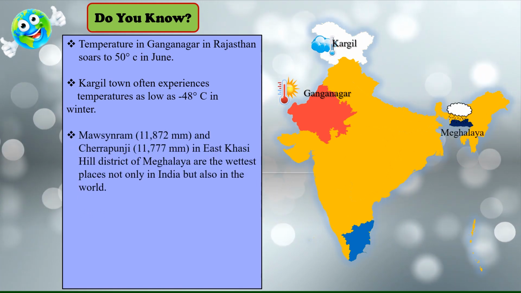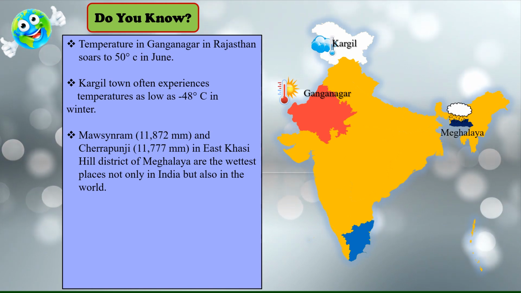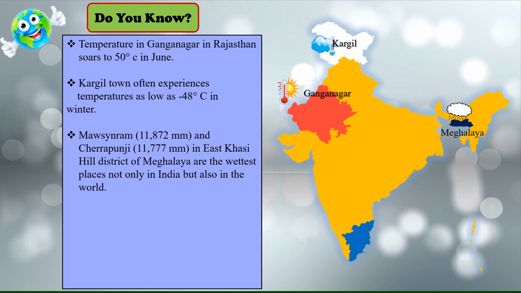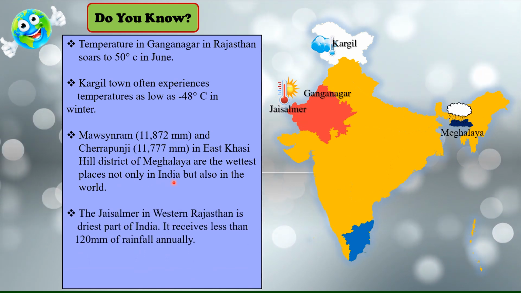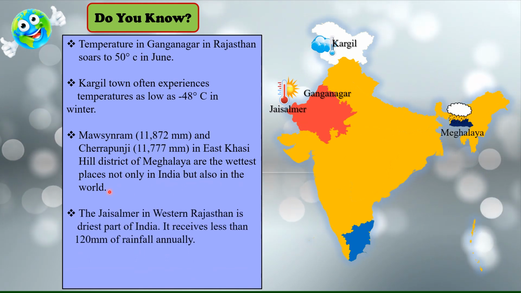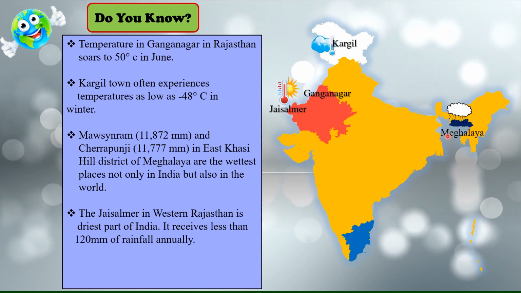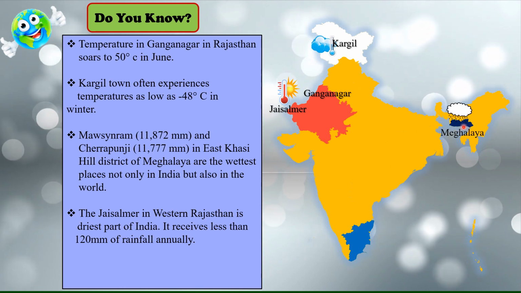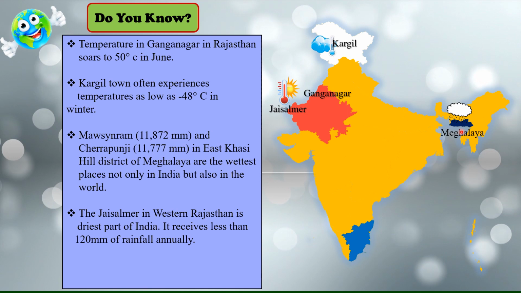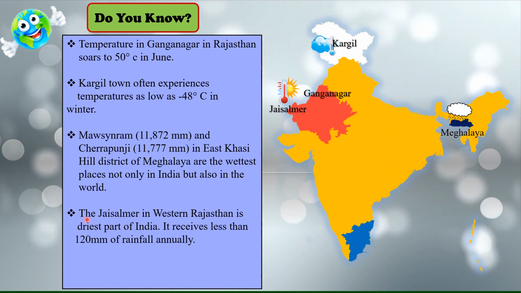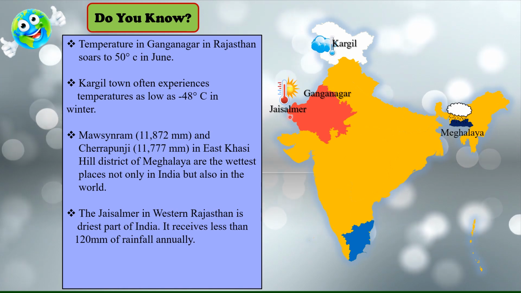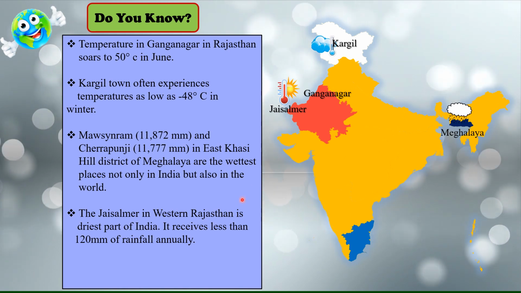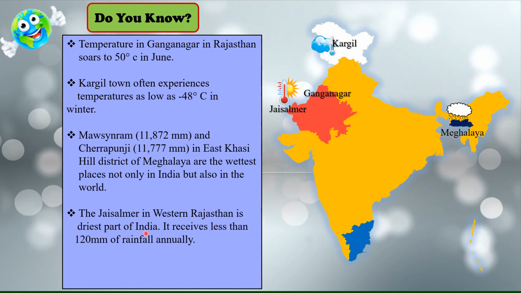Mawsynram and Cherrapunji in East Khasi Hill district of Meghalaya are the wettest places not only in India but also in the world. So we have Meghalaya, and Mawsynram and Cherrapunji lie to the south of Meghalaya. Then Jaisalmer in western Rajasthan, which is in this corner, is the driest part of India.